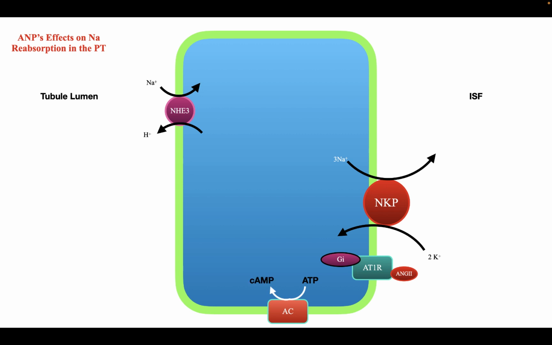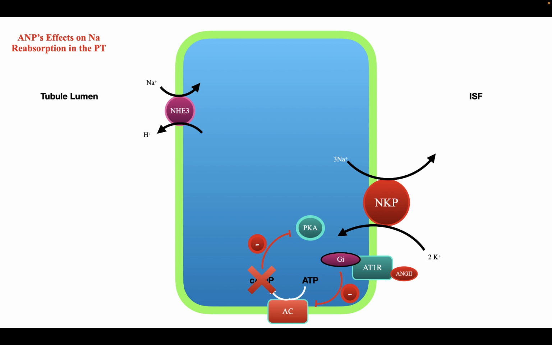When Gi interacts with adenylate cyclase, this will decrease the activity of adenylate cyclase and therefore decrease the amount of cyclic AMP. When we decrease the amount of cyclic AMP, this will decrease the activity of protein kinase A.